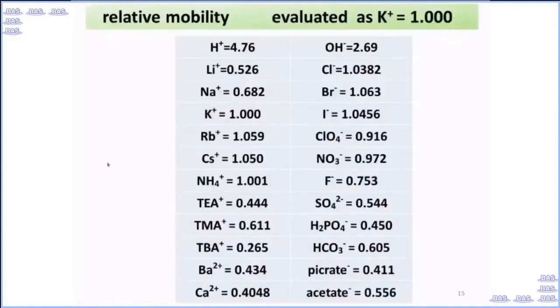Relative mobility of various kinds of ion. Proton is very fast, and for alkali ions, the large size makes the alkali ion rather slow.